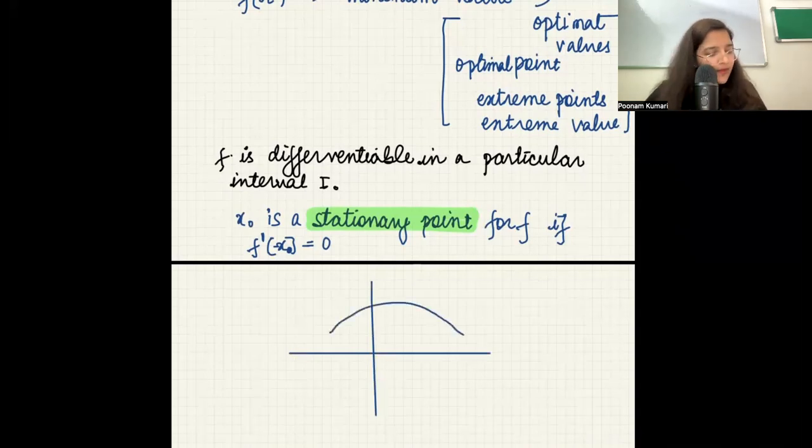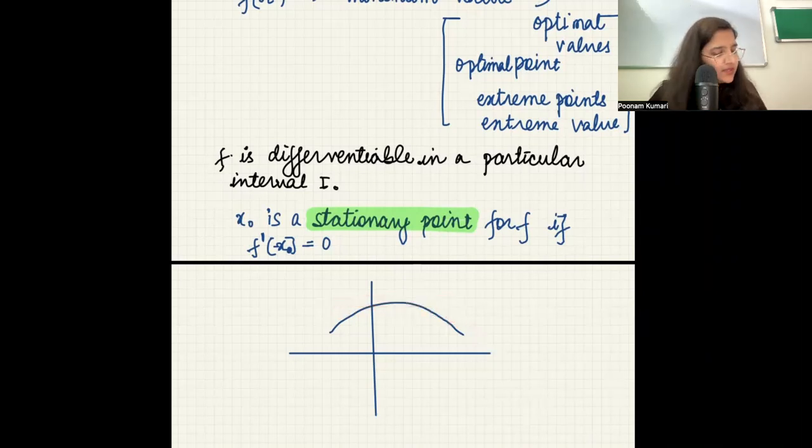If you have different points available, let's say at this point you draw the tangent, it'll be something like this. But if you draw the tangent at this point, you see that it is something like this. So the slope of this line, a line which is parallel to x, is nothing but 0, right?